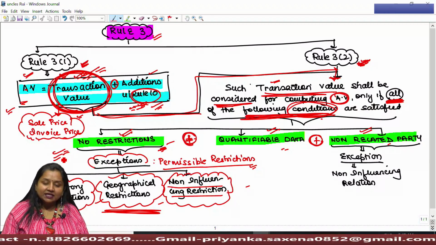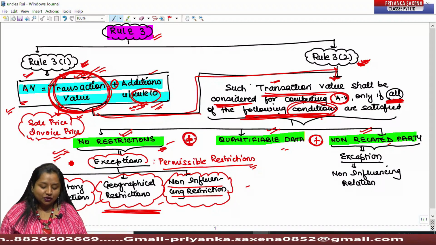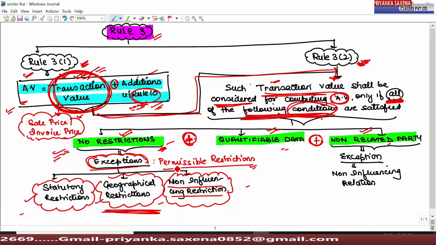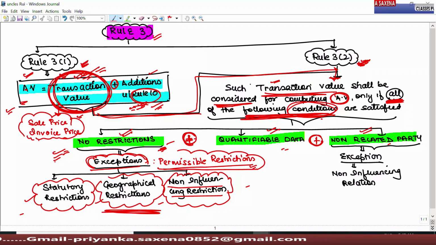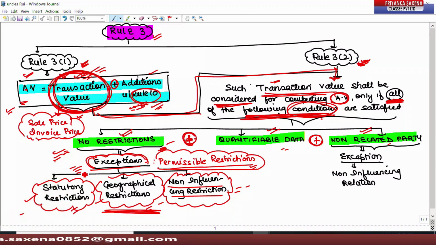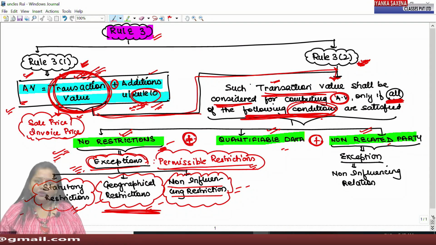First condition is that the seller does not impose any restriction on the buyer, wherein we have an exception: there could be three permissible restrictions with which we presume that the price of goods has not been manipulated. Therefore, in these exceptional cases, we can consider the transaction value for determining assessable value under Rule 3.